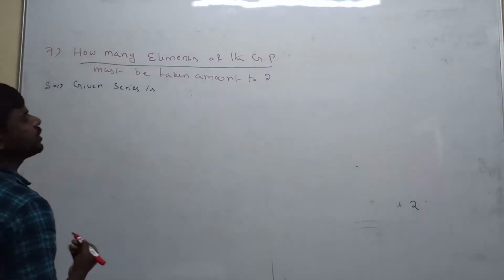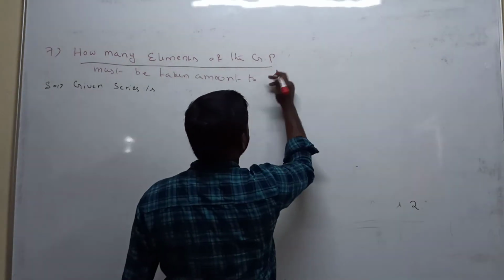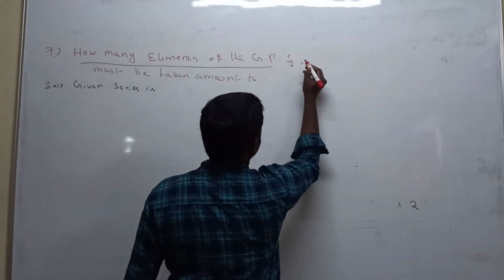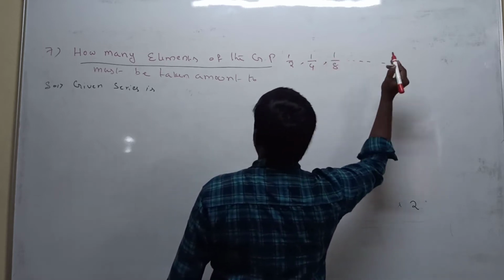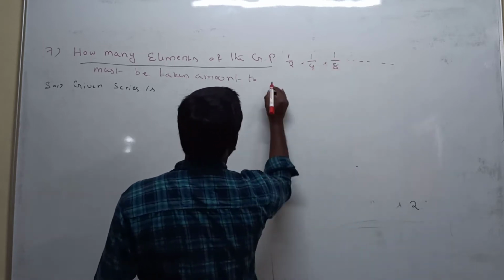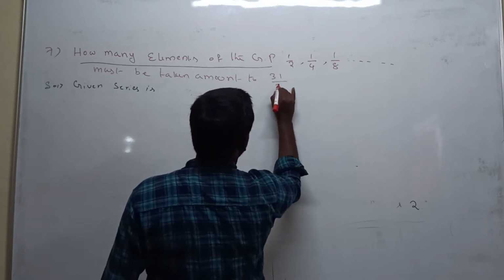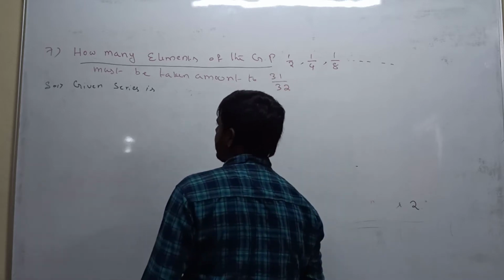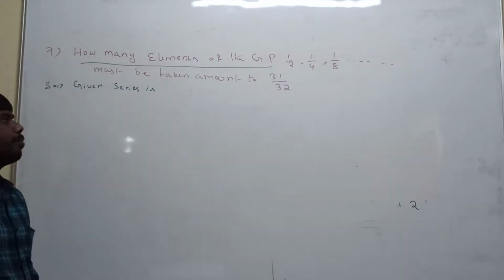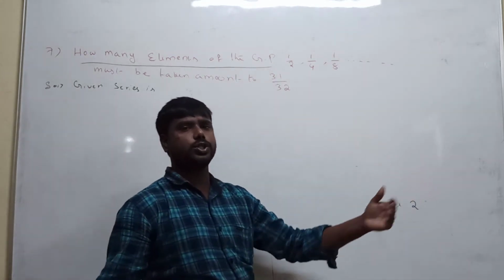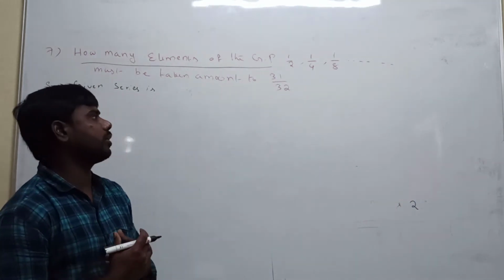How many elements of the geometric progression 1 by 2, 1 by 4, 1 by 8, and so on must be taken to amount to 31 by 32? Here also, to calculate how many elements of the geometric progression means how many elements are there in the sequence. We don't know, the sum is given to calculate the number.